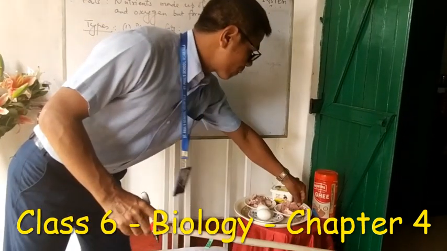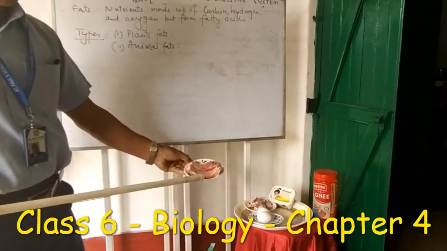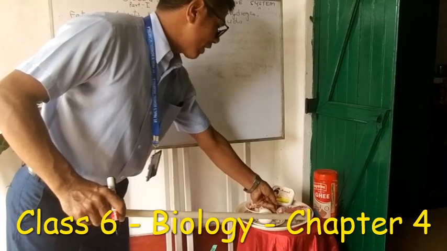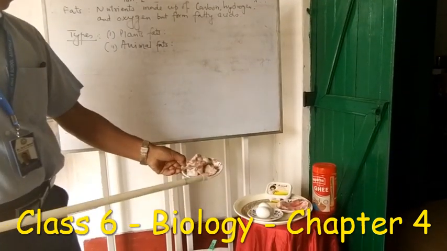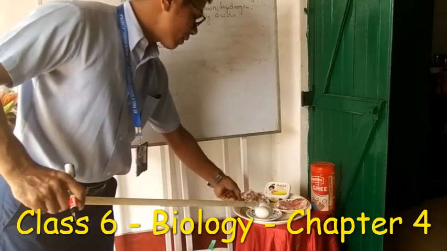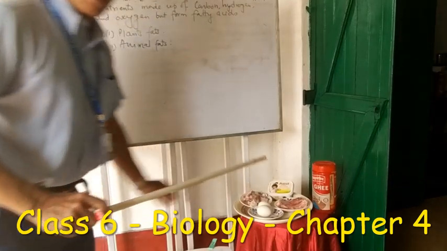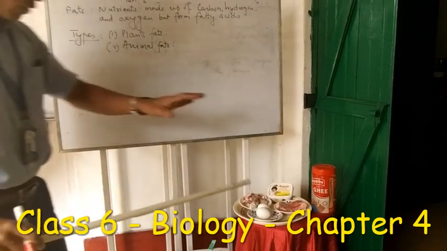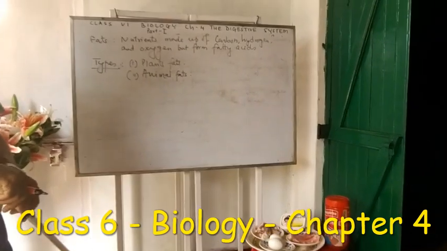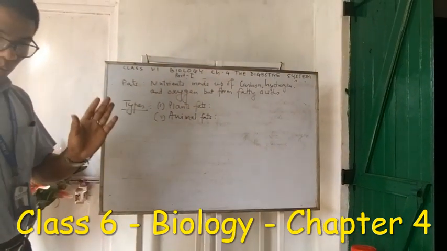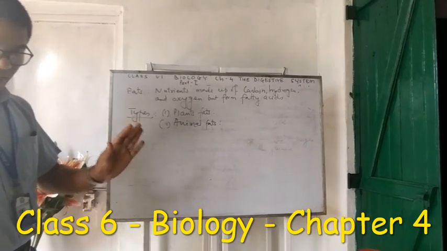Then we have fish, which we like very much. Then we have meat, which are animal fats from animals. Then eggs, including the butter that you use at home. These food items together form animal fats. So I hope you now know that what you eat at home which comes from animals are animal fats.